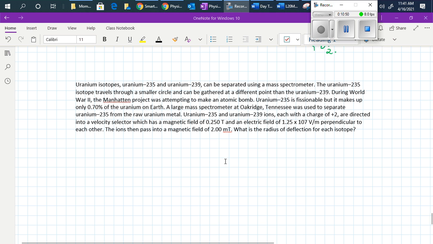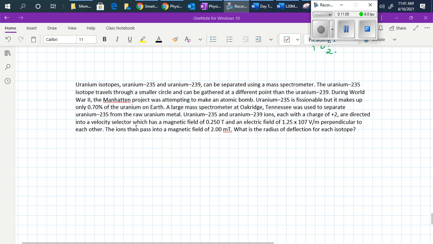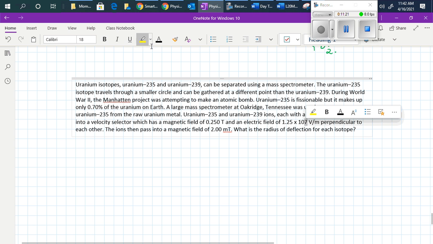So don't be overwhelmed. Uranium-235 and uranium-239 ions each have a charge of +2, directed into a velocity selector, this one here, which has a magnetic field of 0.250 Tesla and an electric field of 1.27 times 10 to the power of 7 volts per meter, perpendicular to each other.